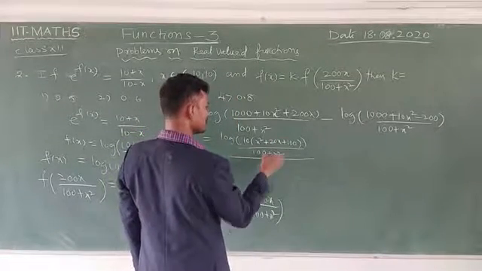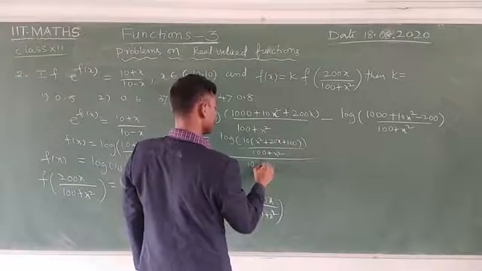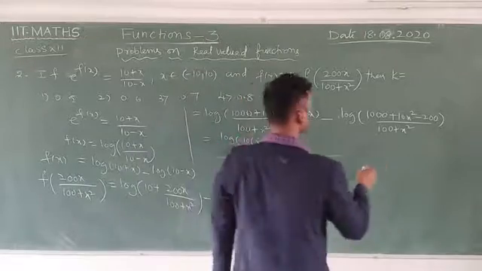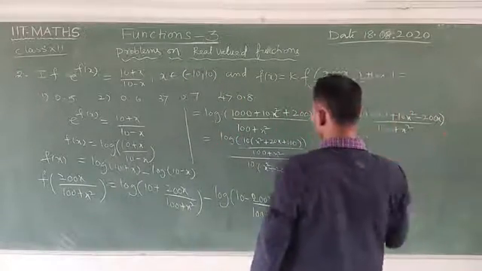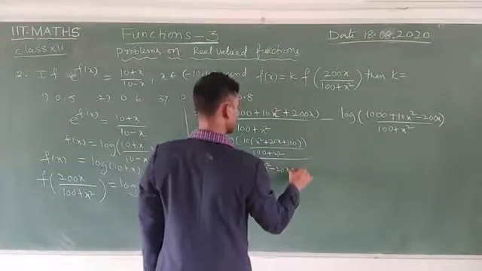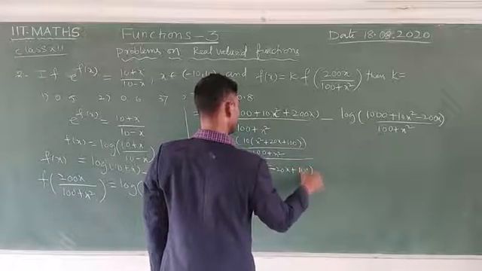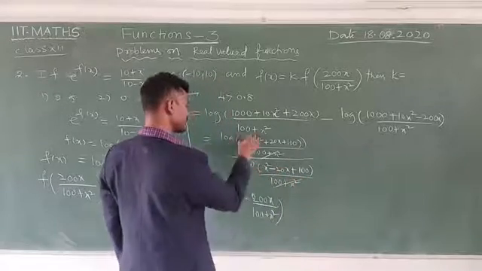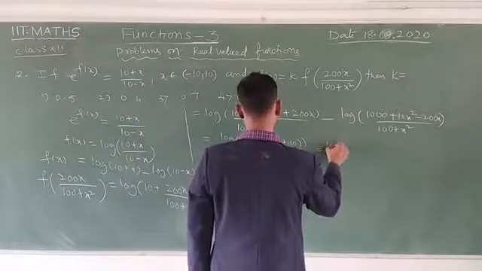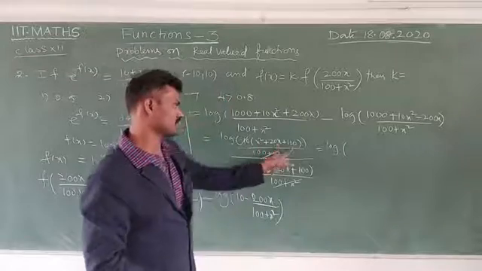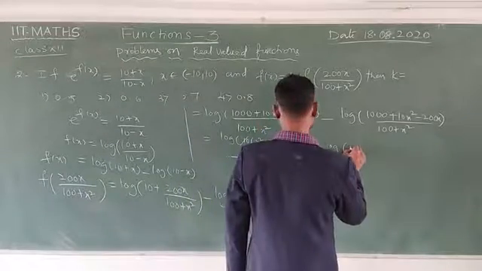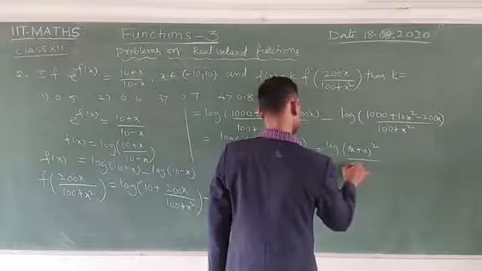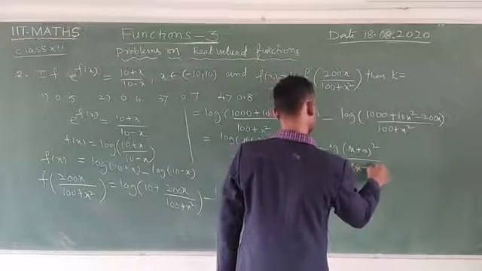For b, you can take 10 common here also: x square minus 20x plus 100, whole by (100 plus x square). The denominator cancels, this 10 also cancels. Now you can write, this is a square plus 2ab plus b square, log of (x plus 10) whole square by (x minus 10) whole square.